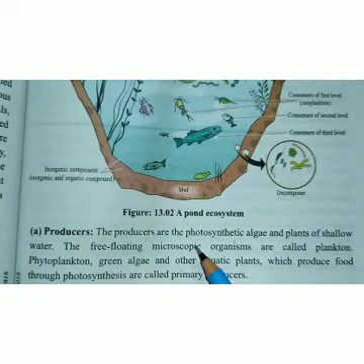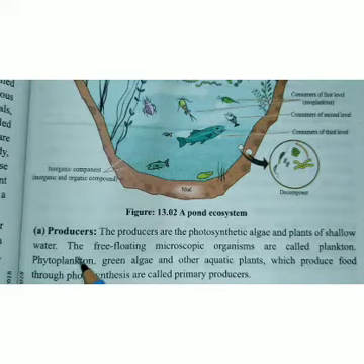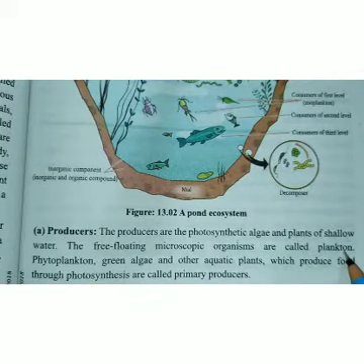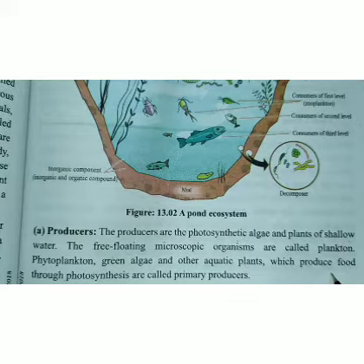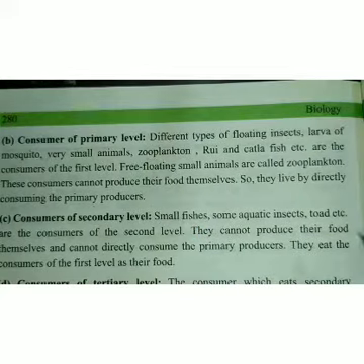The producers are the photosynthetic algae and plants of shallow water. The free-floating microscopic organisms are called plankton. Phytoplankton, green algae, and other adequate aquatic plants which produce food through photosynthesis are called primary producers. Consumer of primary level.